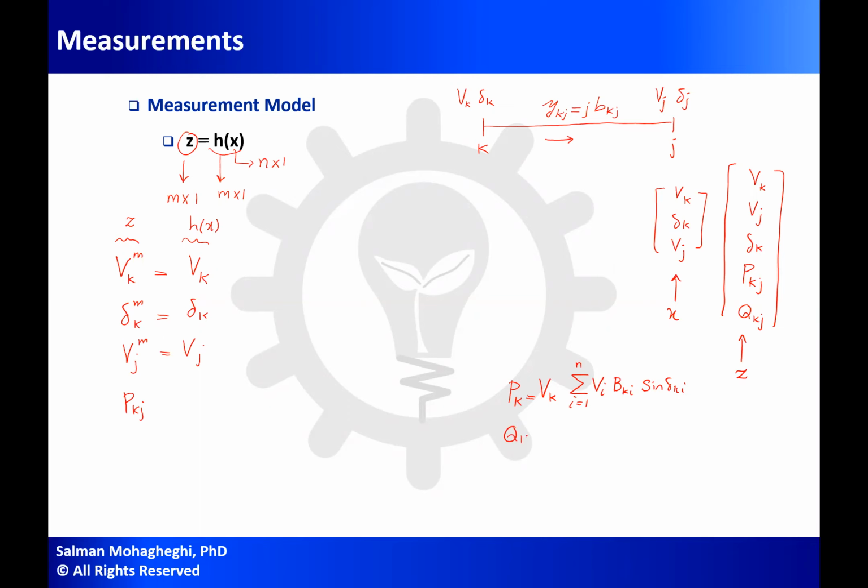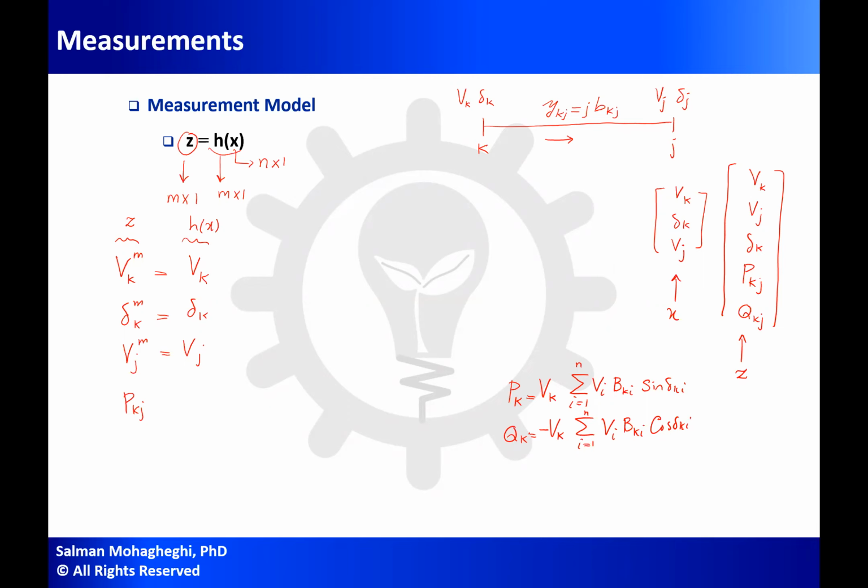And QK, that was VK, summation of i, again, going from 1 to n, of Vi, Bki, and then here cosine of delta ki with a negative sign. So that's my PK, that's my QK.